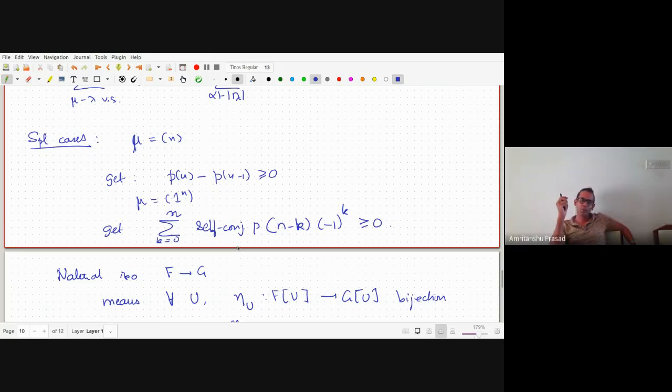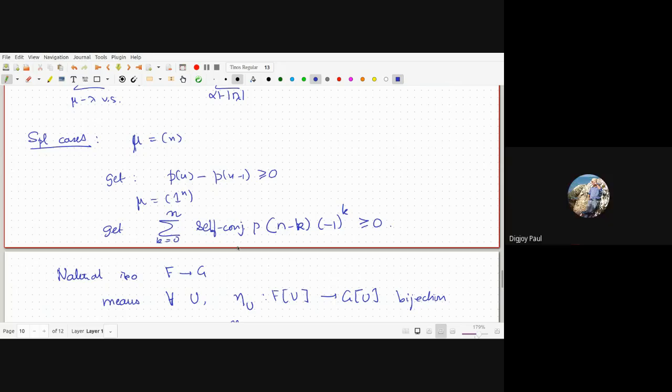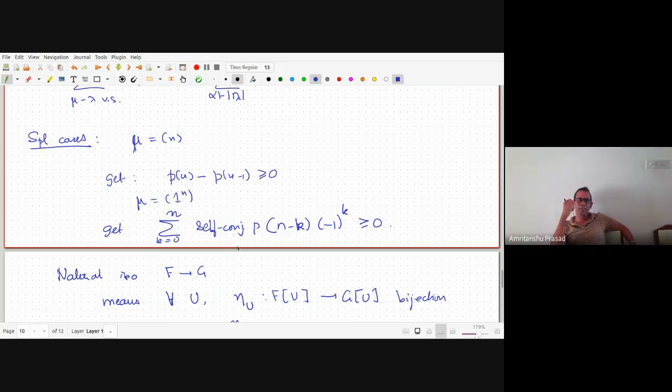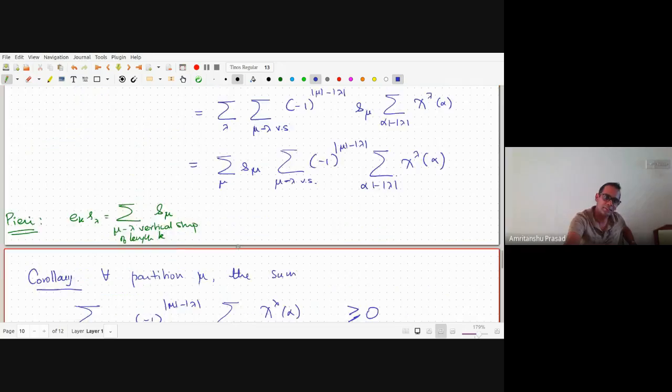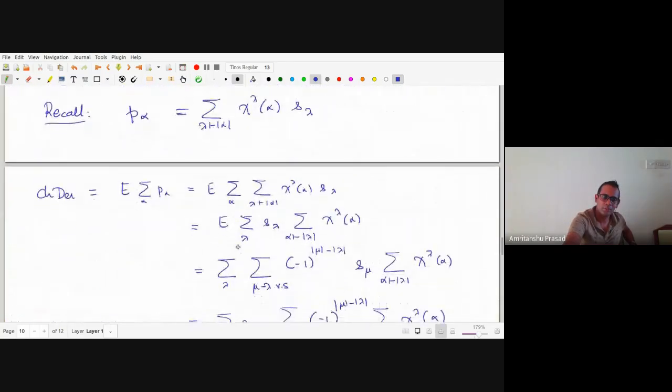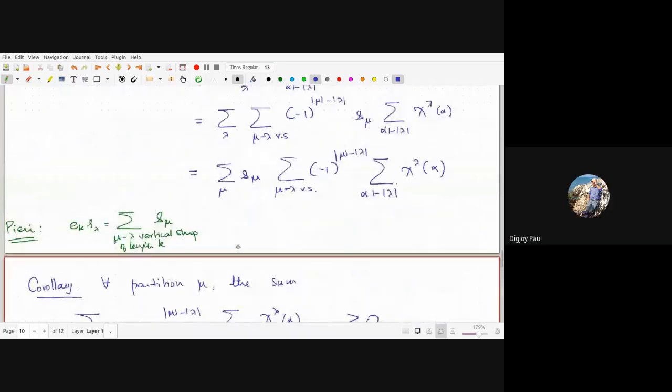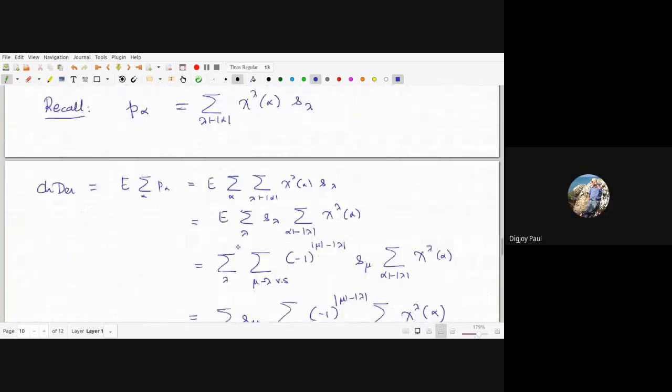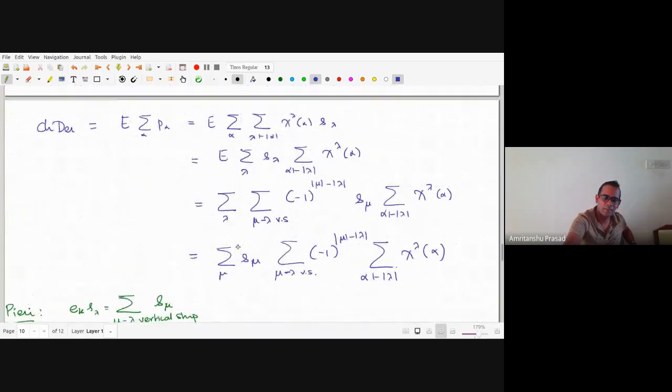Is this a positive integer? I don't know if it's positive, it's a non-negative integer. Of course it's an integer, because the multiplicity of an irreducible representation has to be an integer.